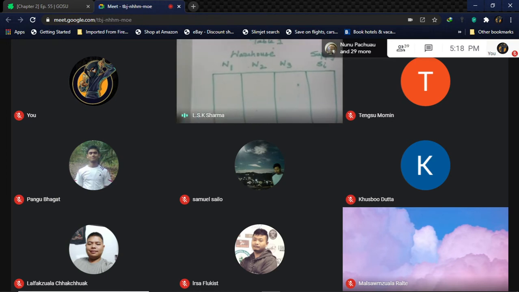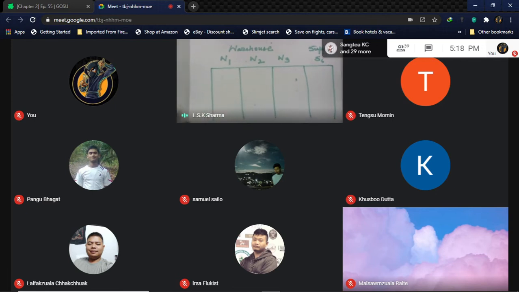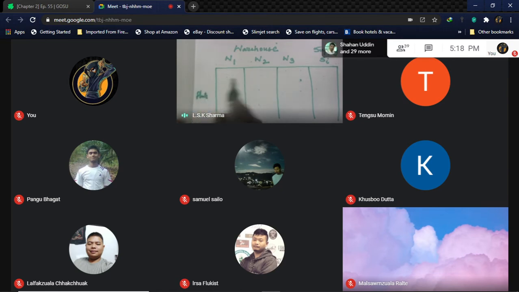The plants are also given on the side. Here I will be having the plants, so I'll write plants out here. And here we'll write P1, P2, and P3. I have 3 plants.